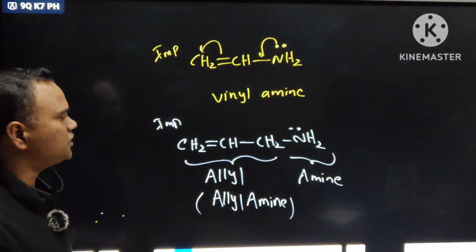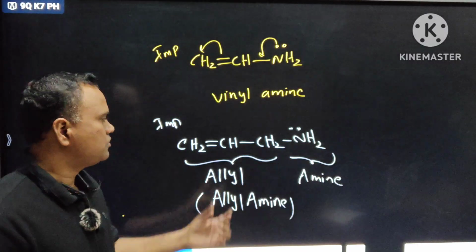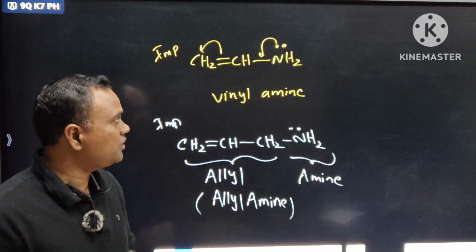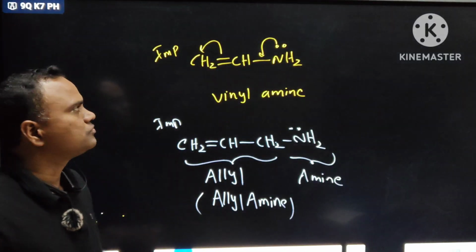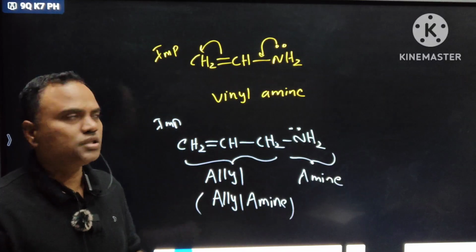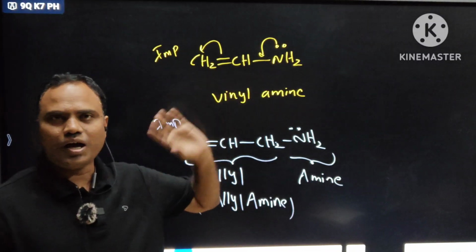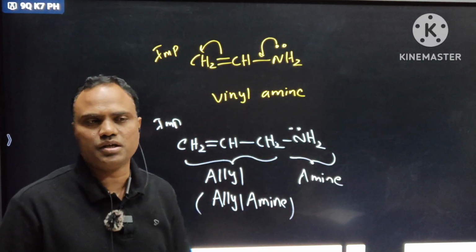Next, some other important examples, and you know the IUPAC names. What is the IUPAC name of allyl amine and of vinyl amine? Ethenamine. Alkanamine is the single bond category; this is an alkene, so alkenamine: ethenamine.